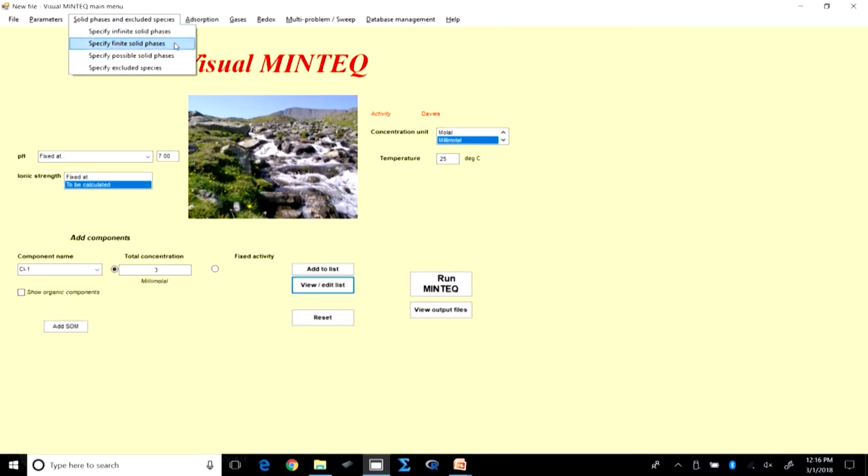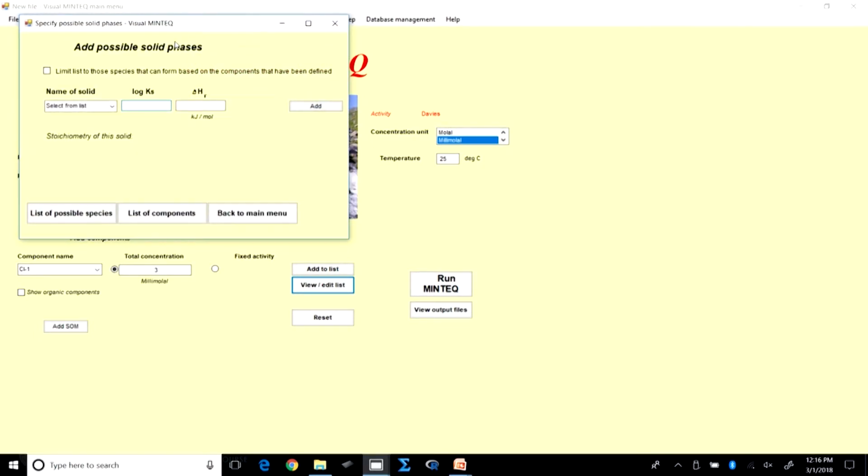So if you do not identify the controlling solid well enough, you can end up with erroneous calculations with respect to your free metal here, right. So again here we are going to assume it's the amorphous form, the most soluble form. So solid phases, specify possible solid phases, right. So limit to those solids possible based on the components that have been defined.